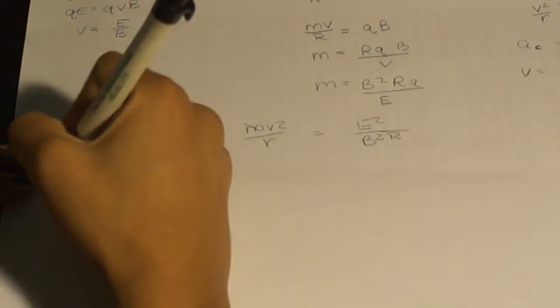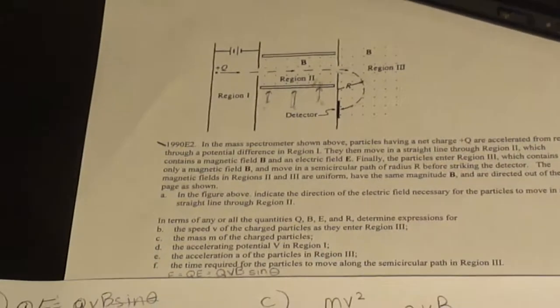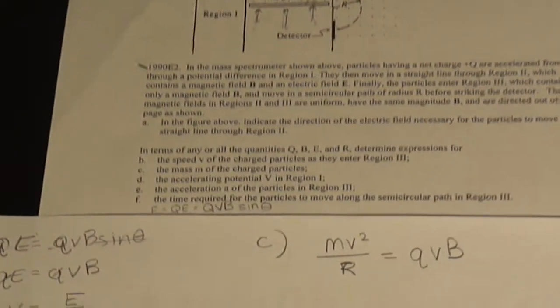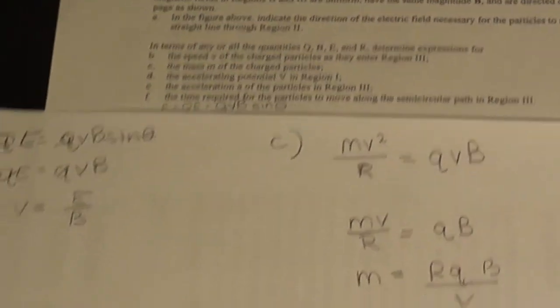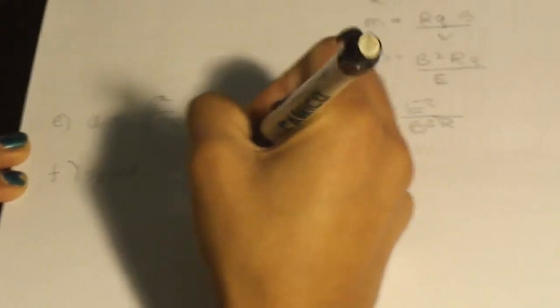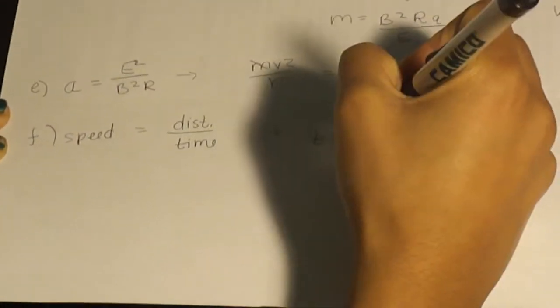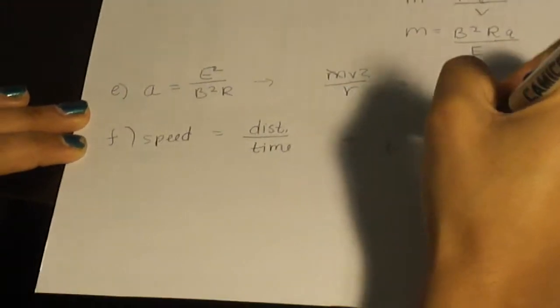And then part F asks us for the time required for the particles to move along the semicircular path in region 3, so they want the time. We know that speed is equal to distance over time, so time is going to be equal to distance over speed.